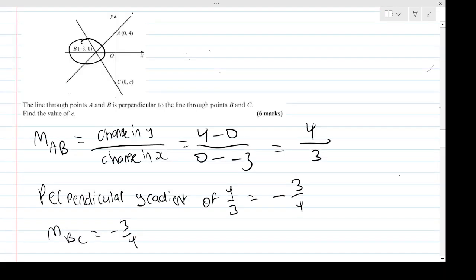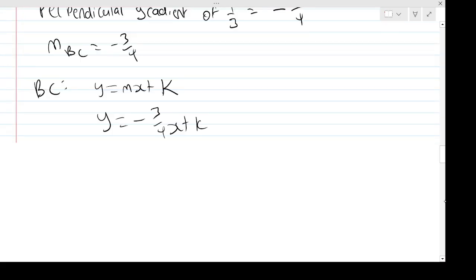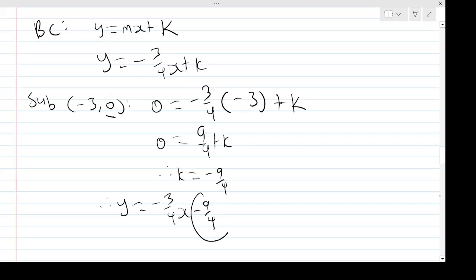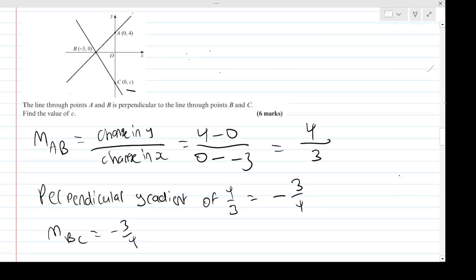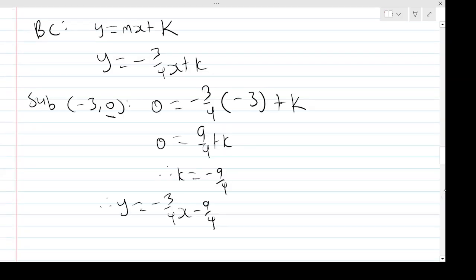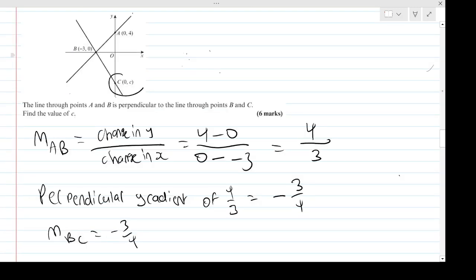Okay, well then we need to find this c. However, it turns out that this is equal to k. This is the y-intercept at minus 9 over 4. Why? Yes, because k is the y-intercept, right? That's what we worked out, and this is the y-intercept, right at c.